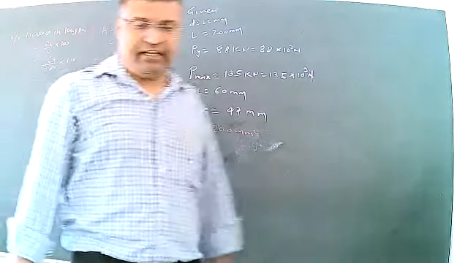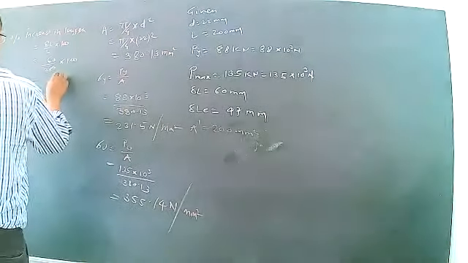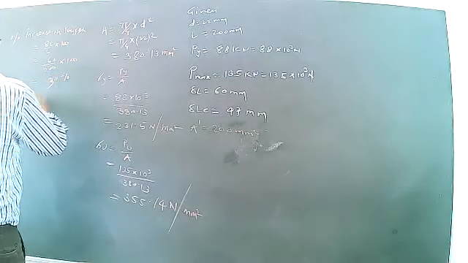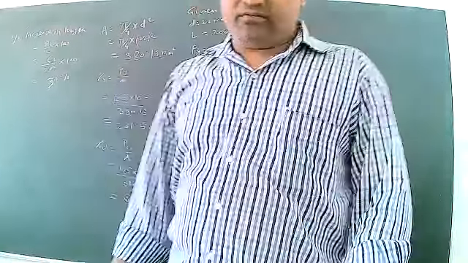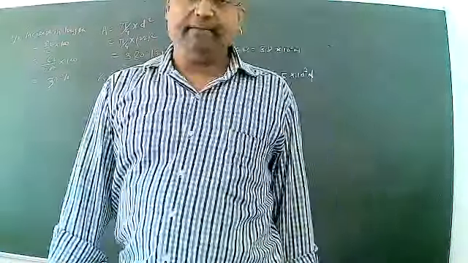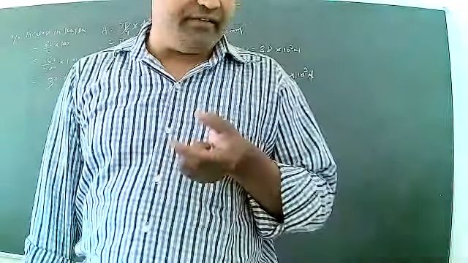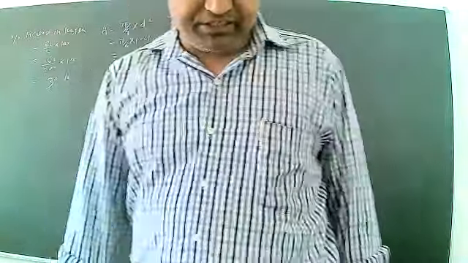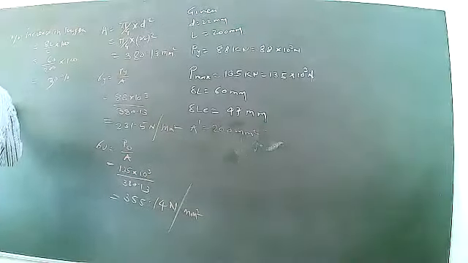The final value you will get is 30 percent. This is the simple calculation for percentage increase in length. Take change in length to original length into 100, then you can easily calculate it. Then percentage reduction in area.